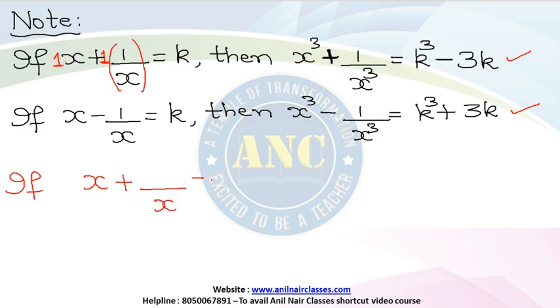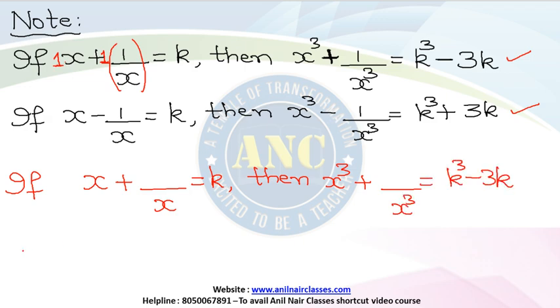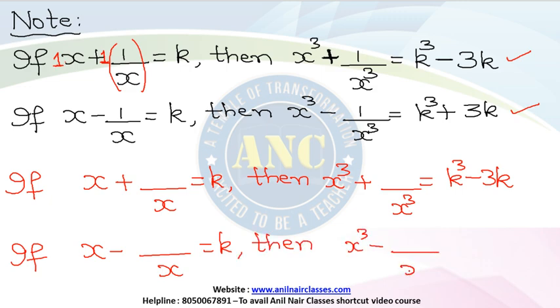If x plus 1 by x is equal to k, then x cube plus 1 by x cube is equal to k cube minus 3k. Similarly, the reverse is if x minus 1 by x is equal to k, then x cube minus 1 by x cube is equal to k cube plus 3k.